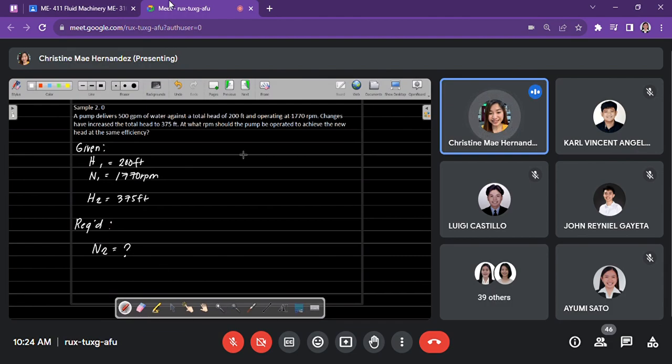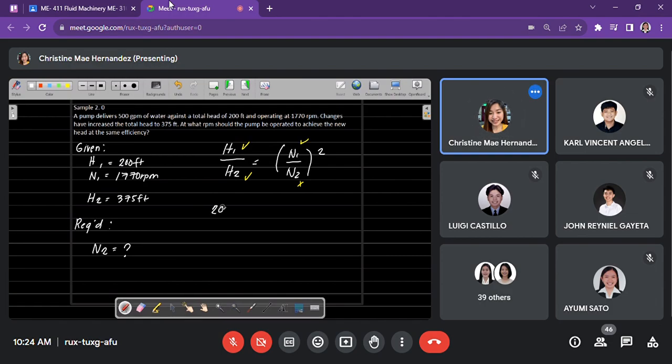Okay, so meron tayong pump affinity law na H1 over H2 is equal to N1 over N2 squared. Given naman yung mga values natin, so we will directly substitute yung ating given values dito sa ating formula. So, H1, check. H2, speed at pump 1, and yung ating unknown.